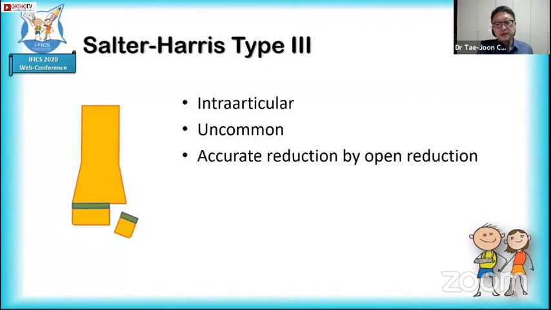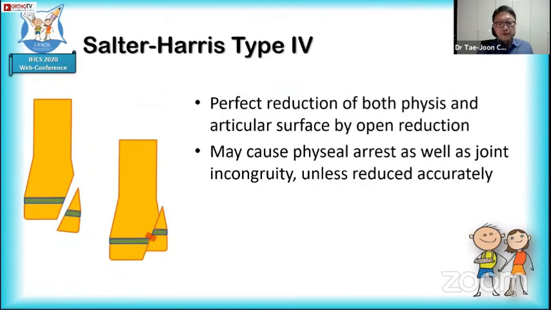Type 3 is an uncommon intra-articular fracture, so accurate reduction of the articular surface should be done. Type 4 fracture also requires accurate reduction at both the articular surface and the physis. Unless accurately reduced, a bone bridge may be formed between the epiphysis and metaphysis, causing physeal arrest, and joint incongruity will ensue.